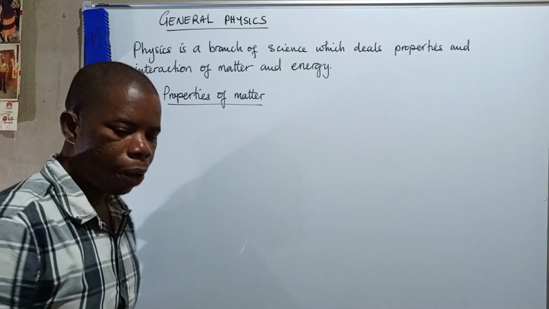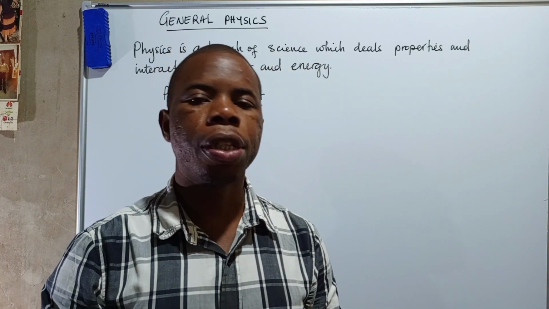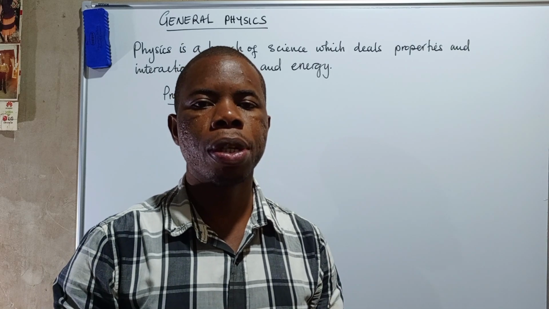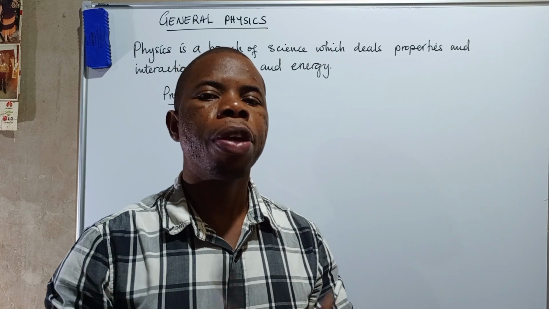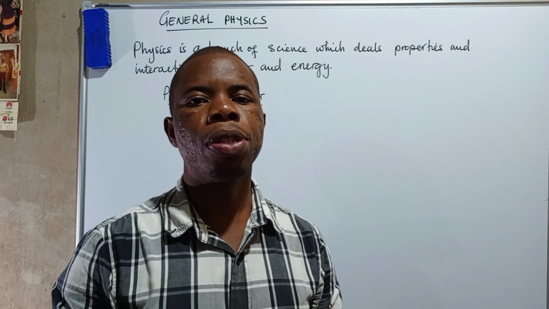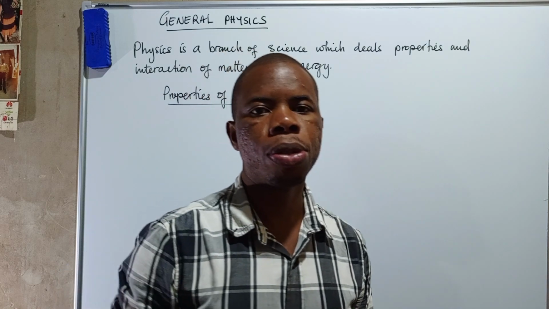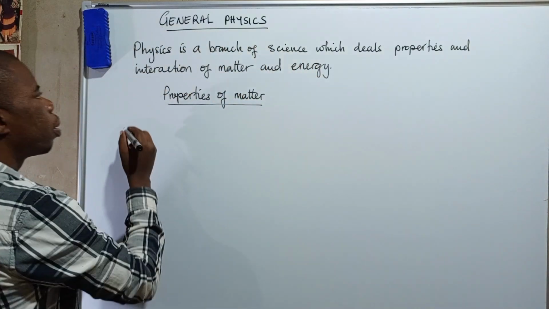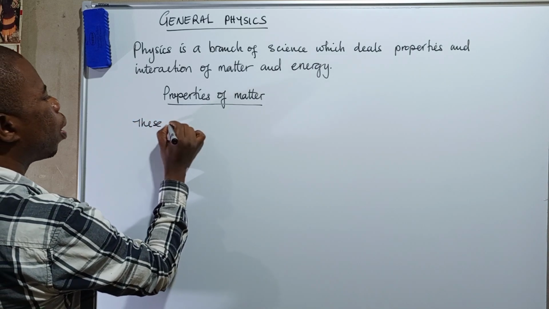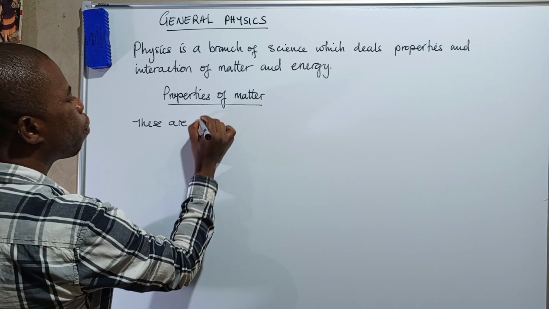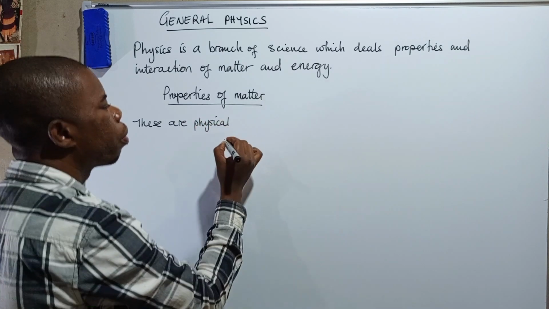When we say we are studying properties of matter, what are we actually looking at in physics? When we talk of properties of matter, we are talking of physical quantities. So properties of matter are physical quantities.